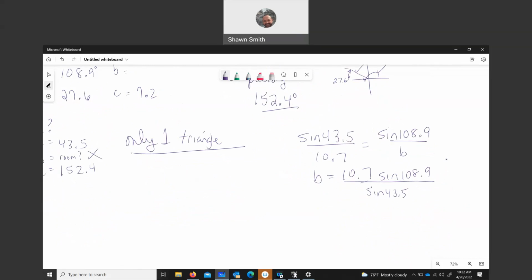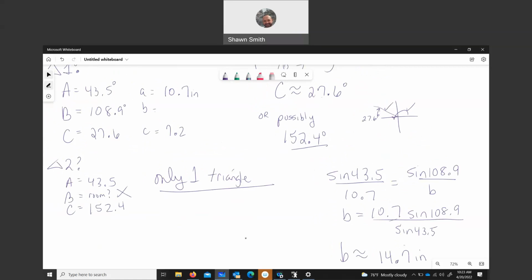You have to do that, right? So I have B is going to be approximately 14.7 inches. Back up here, 14.7.